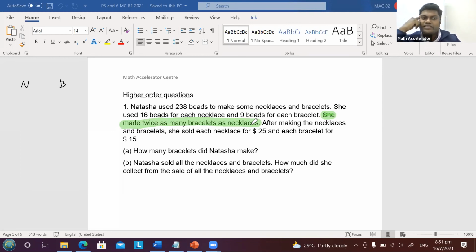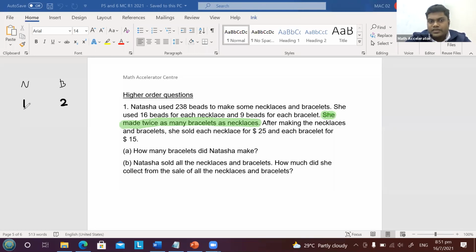Can you type to check? 2, right? Well done. So the minimum possible number of bracelets Natasha could possibly have is 2. And 1 necklace.